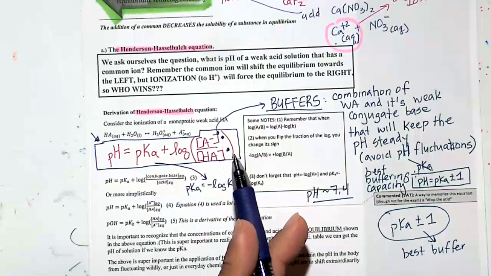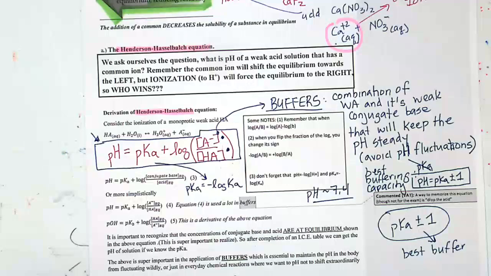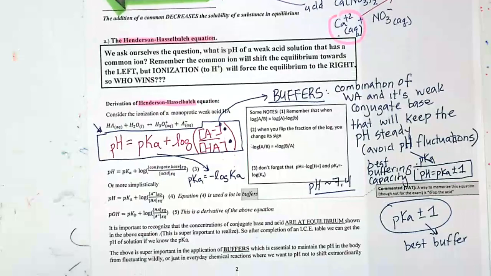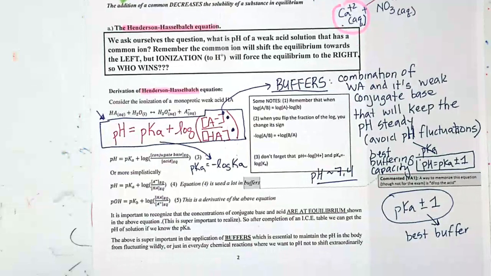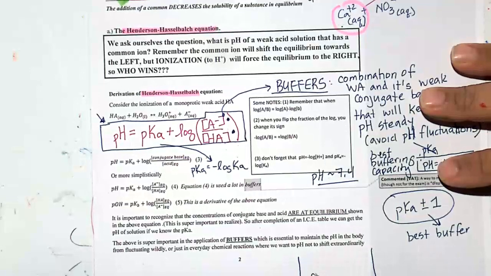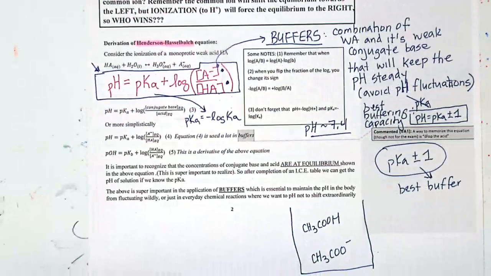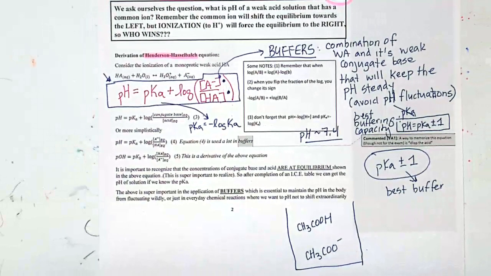What two things are in there? A weak acid with its conjugate. Very good. Our standard weak acid is acetic acid, and if we put in some acetate, like some sodium acetate, we have established a buffer.